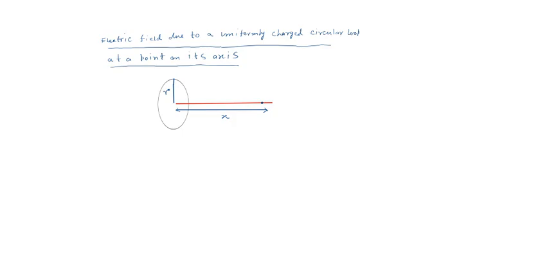Now to find this, as it is a uniformly charged circular loop, we are considering a few things. We are considering lambda as the charge per unit length, and capital Q as the total charge of the loop.